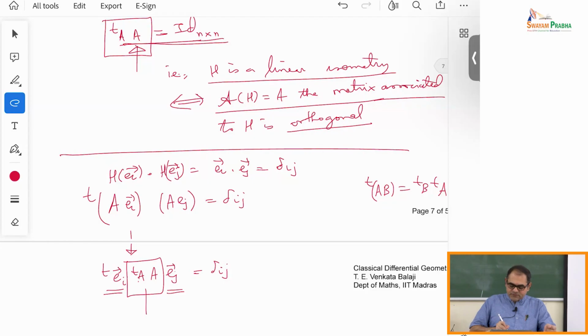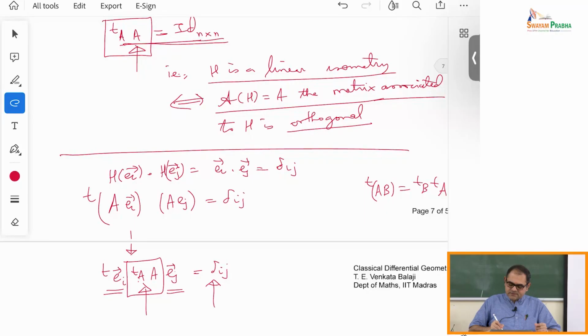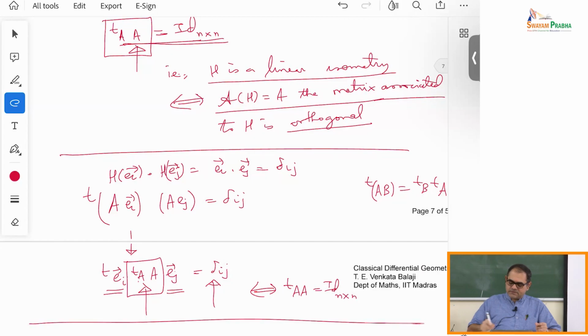So what this tells you is that for transpose A A, the Ij element is delta Ij. That means transpose A A is the identity matrix. Only the identity matrix has entries delta Ij. So this is if and only if transpose A A is equal to identity. So this is another way to see it.